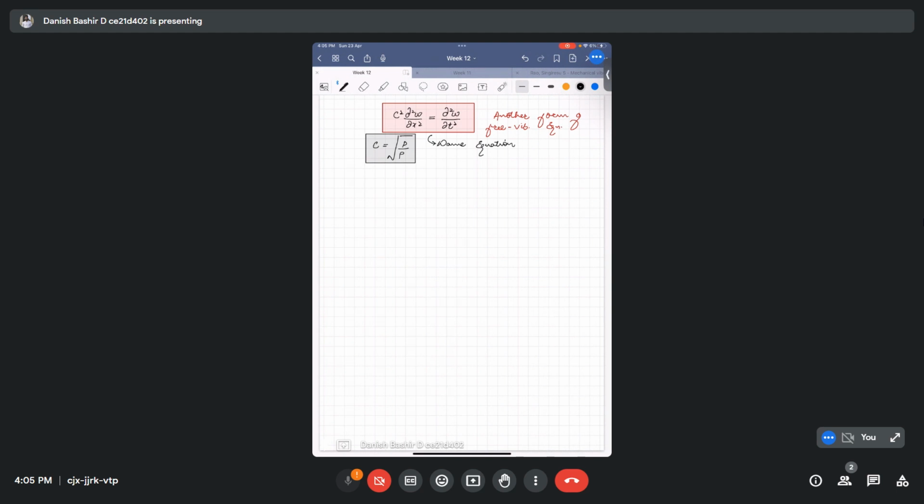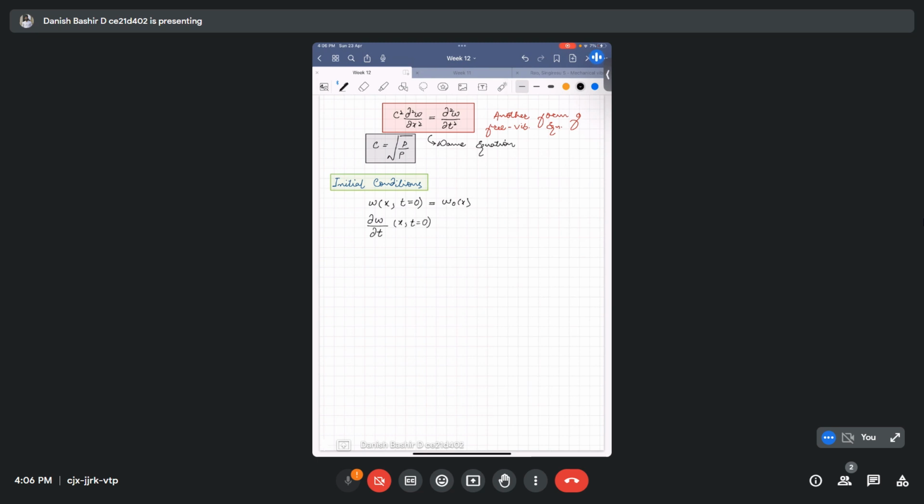If we discuss the initial conditions, for example, initially the string starts vibrating such that the displacement w of x at t equal to 0 is w naught of x, and also ∂w/∂t, that's the velocity, at t equal to 0.